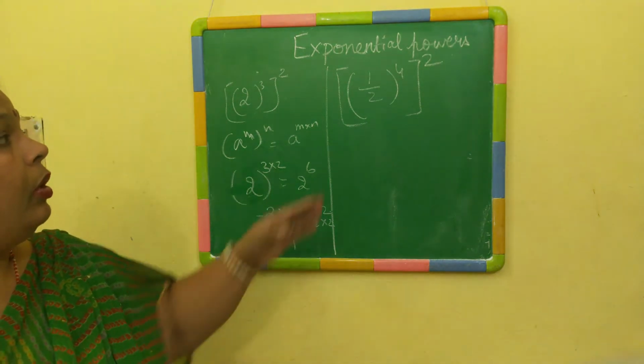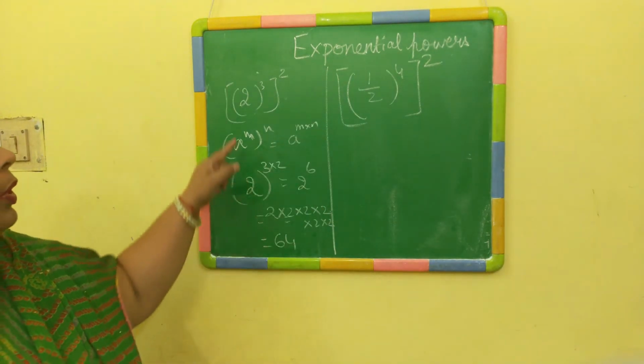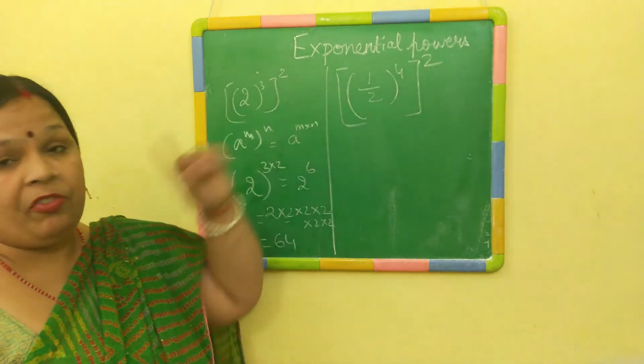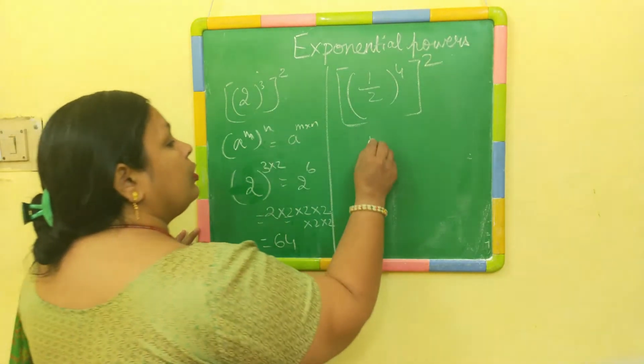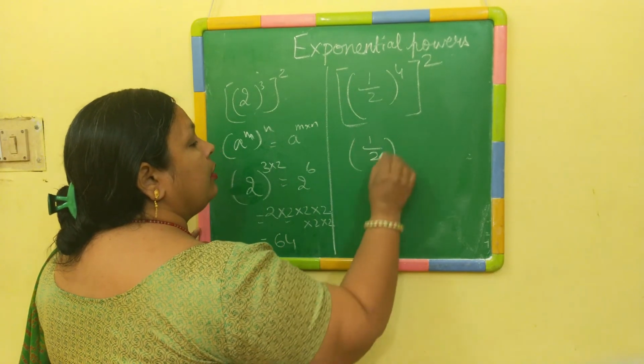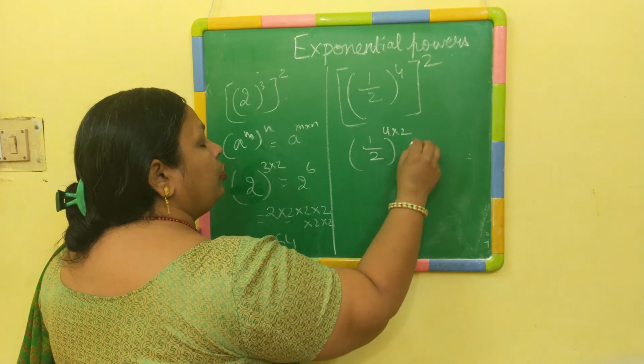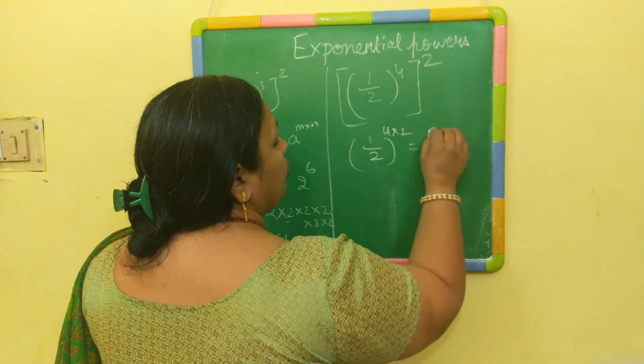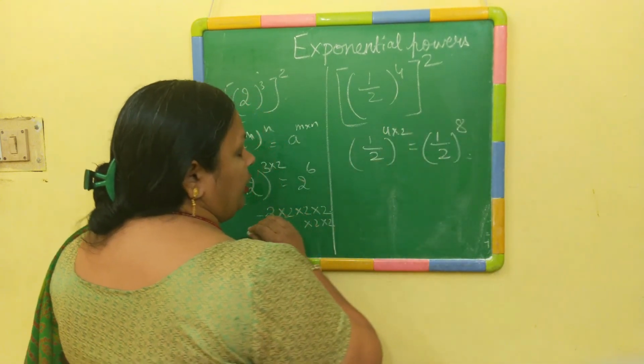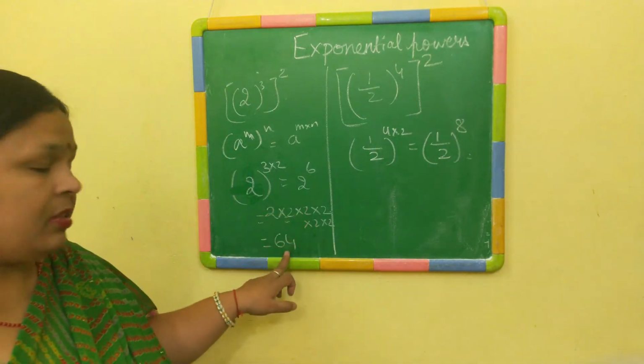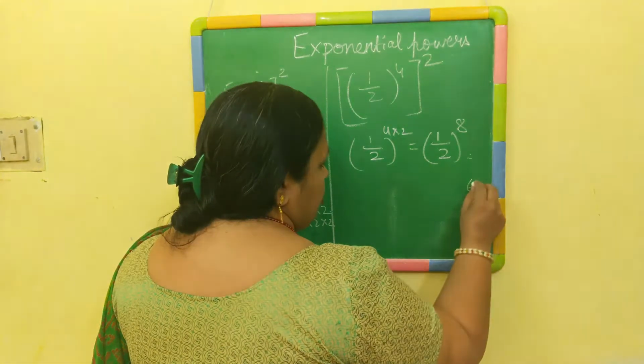Now let's take the second example where a is in the rational number form. So the same will be applied here. 4 into 2 is 8. So 2 power 6 is 64. What is this?